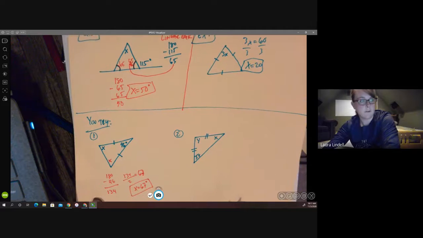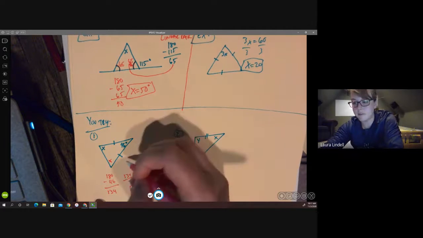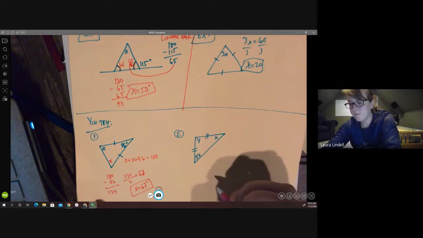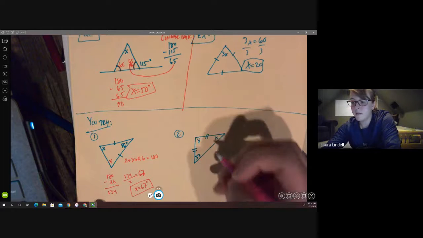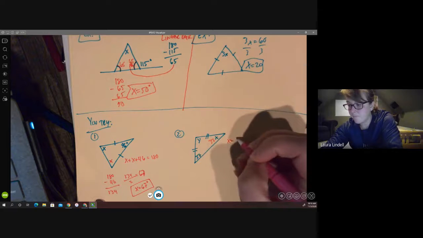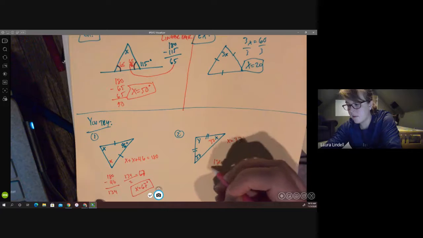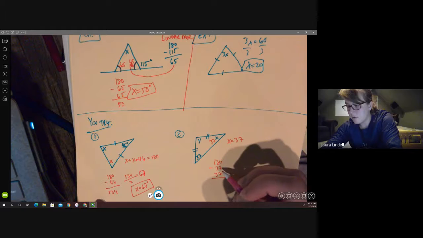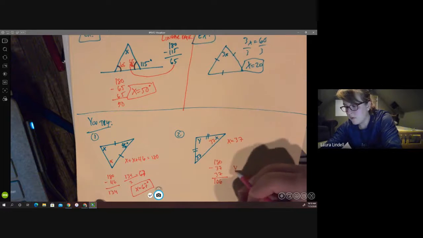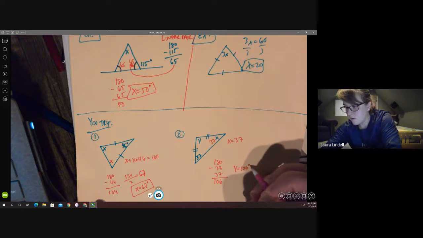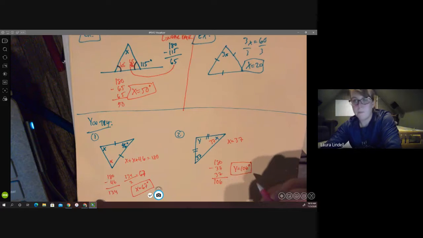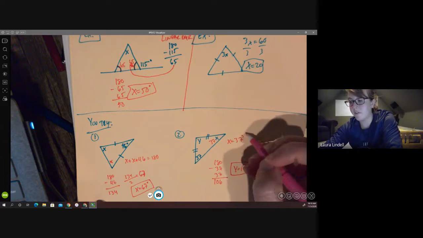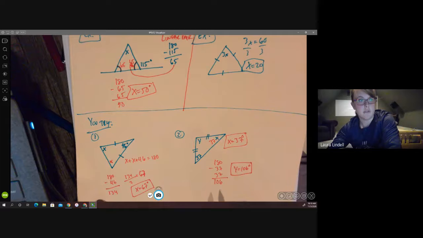If you're checking your work on the first one, if you got 67, you are correct. And then if you got 106 degrees for y on number 2 and 37 degrees for x, you're on the right track there.